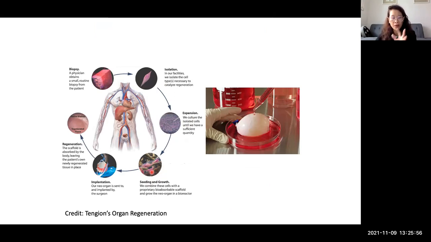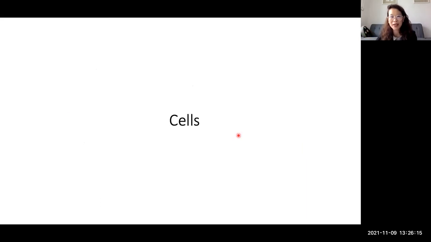So yeah, the cells reside inside the scaffold, and when it's mature, they put it into the operating room, and then the new bladder integrates to the existing bladder. So this is what this looks like in the lab.